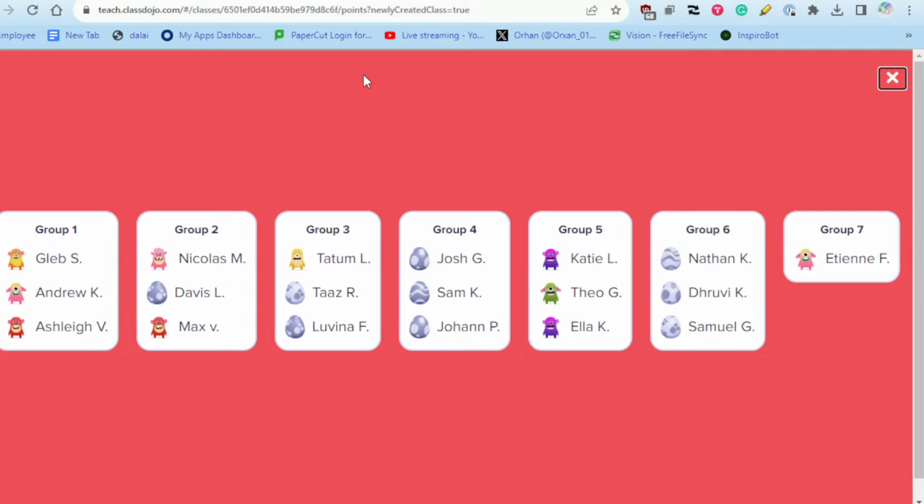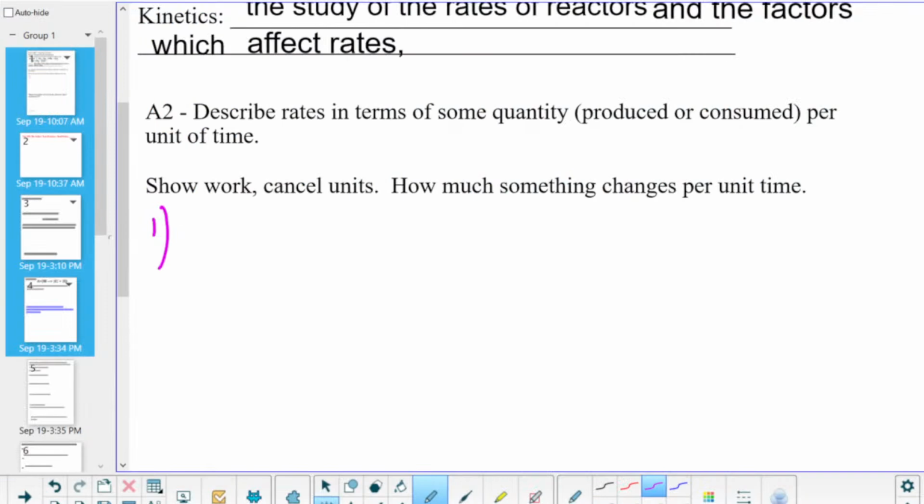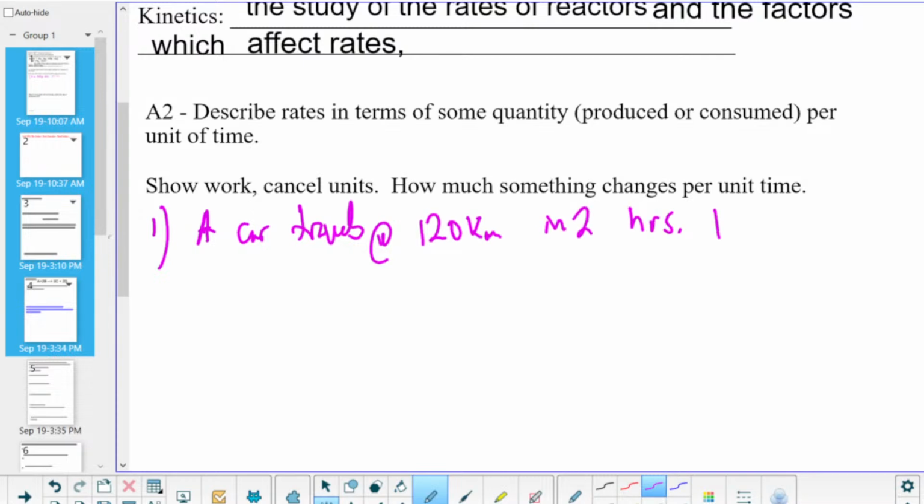So the question, everybody got their people? Okay, the question is, and this will be oh so difficult, a car travels 120 kilometers in 2 hours. How fast?